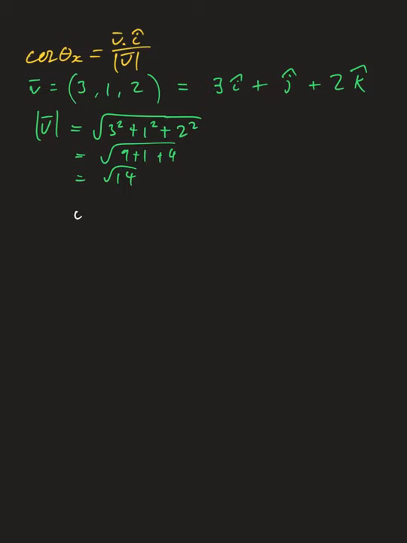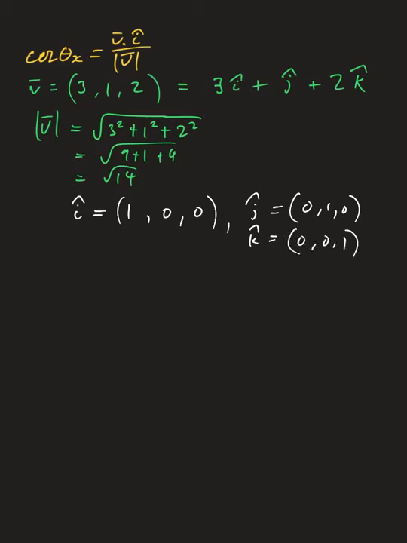Well, i by definition in terms of its components is 1, 0, 0. Similarly, j would be equal to 0, 1, 0, and k would be equal to 0, 0, 1. This is by definition. These are vectors with magnitude 1 in the x, y, and z directions.